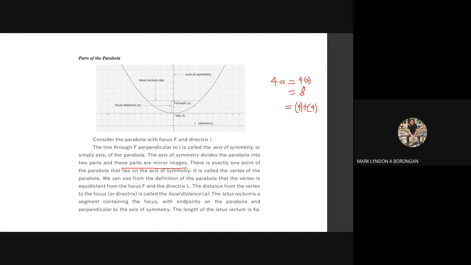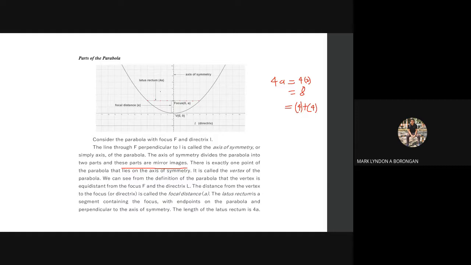So in order to construct your latus rectum accurately, from your focus, you will just count 4 points to the left and to the right. So, 1, 2, 3, 4. And then, 1, 2, 3, and 4.